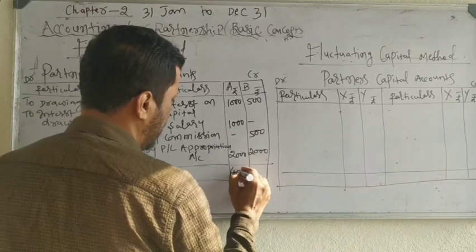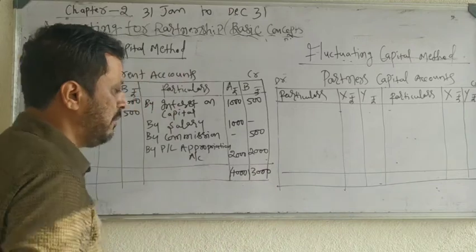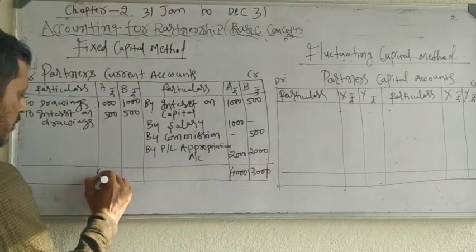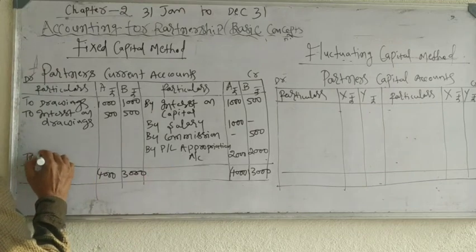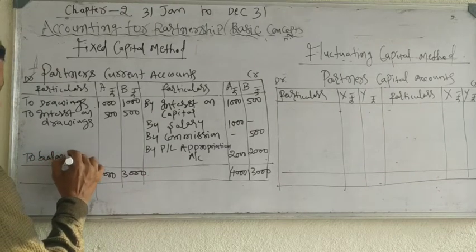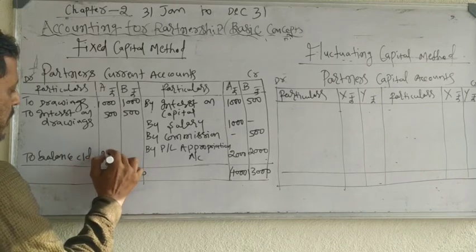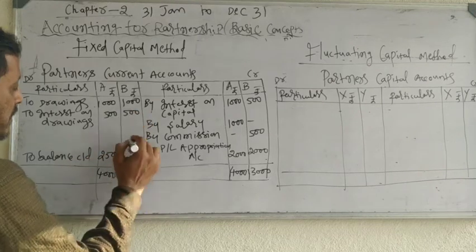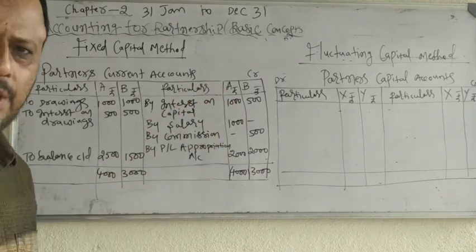This side is 4,000. This side is 3,000. For B, 3,000. Write the same total, 4,000, 3,000. Now two balance carried down. 4,000 minus 1,500, 2,500. 3,000 minus 1,500, 1,500. You will get 5 marks for this practical question.